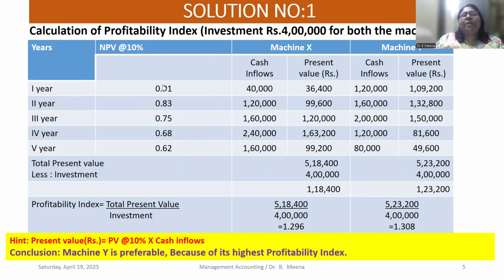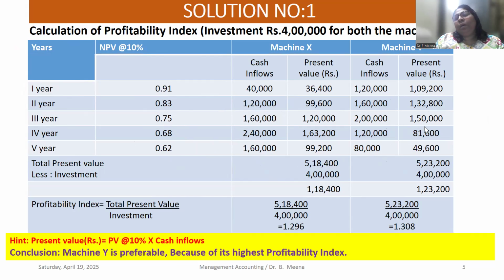If I multiply the 10% discount values with the cash inflows, I get the present value for both machine X and machine Y. Likewise, for machine Y, 1,20,000 into 0.91, 1,60,000 into 0.83, 2 lakhs into 0.75, 1,20,000 into 0.68, 80,000 into 0.62. I'll get all these values.